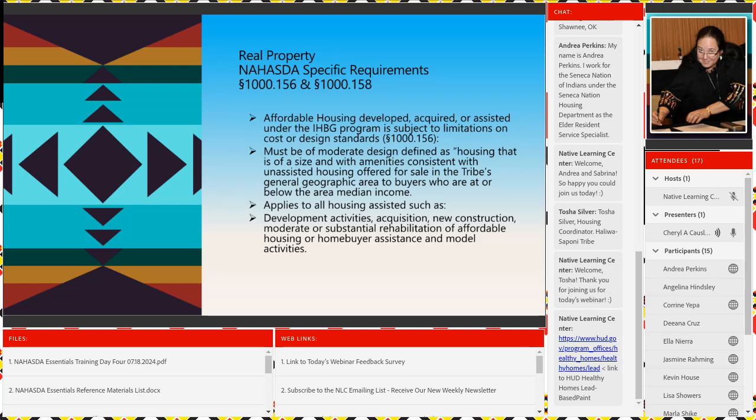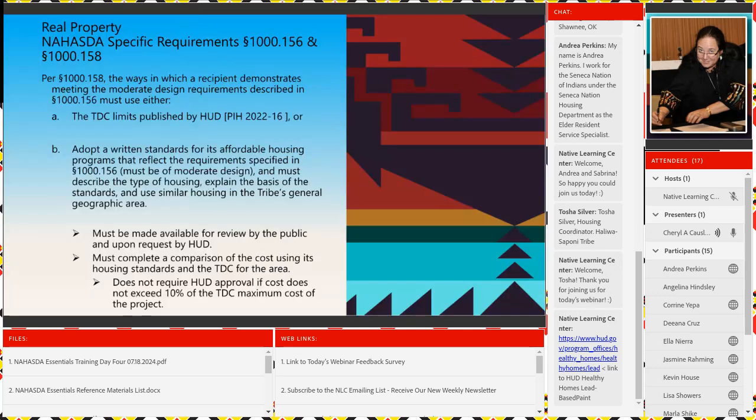Applies to all housing assisted development activities, acquisition, new construction, moderate, substantial rehab of affordable housing, or homebuyer assistance and model activities.